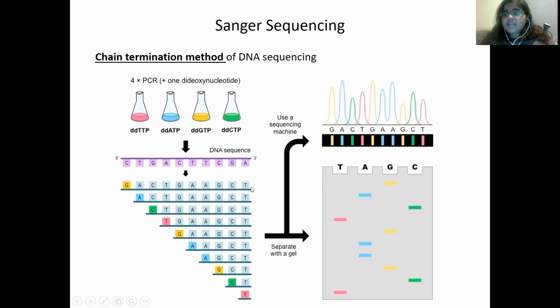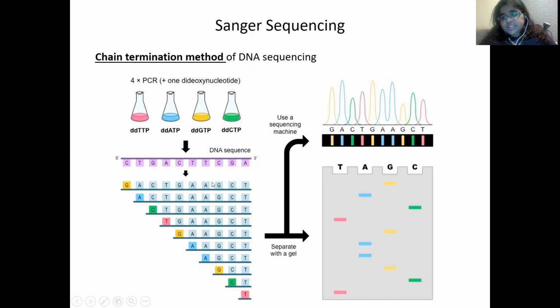So as always, it's like a DNA replication process, right? It's sequencing from 5' to 3', going this way because we have our 3' end.